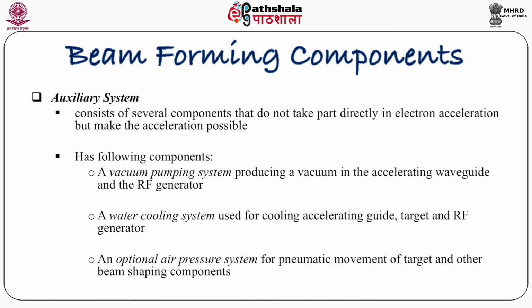This is very important, because if vacuum is not there, then electrons will interact with the medium and produce secondary electrons, which we do not want. A water cooling system is needed for cooling the accelerating guide, target and RF generator. Because a lot of energy is generated in this process, we have to keep the system cool.